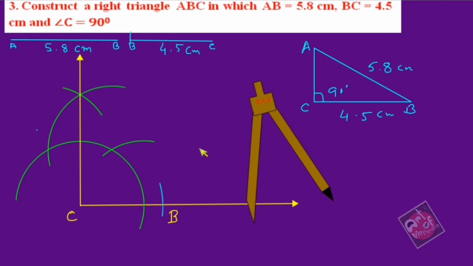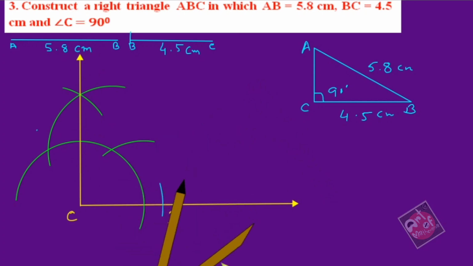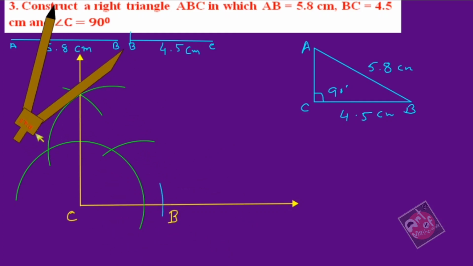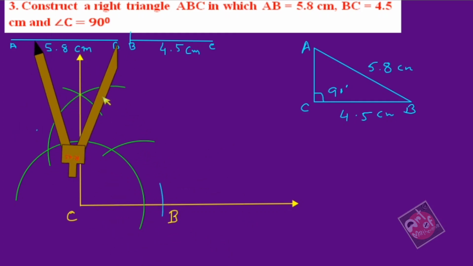Now from the point B you can see it is 5.8, so from the point B I have to cut on this line at A, that is 5.8 centimeters. First measure 5.8 centimeters. Here it is.